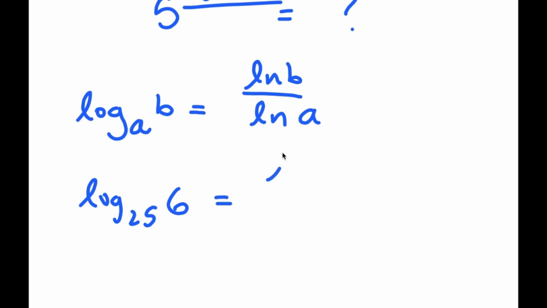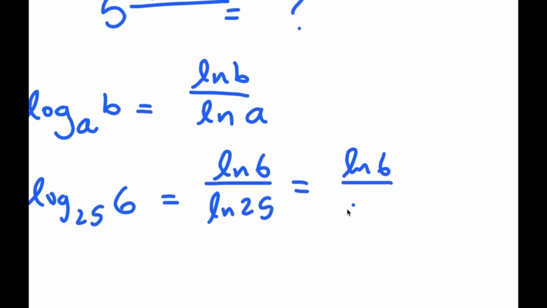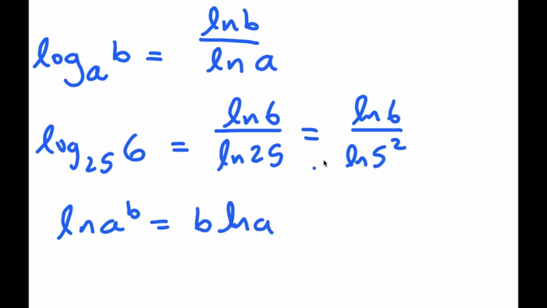And this is the same thing as ln of 6 over ln of 25, which is the same thing as ln of 6 over ln of 5 squared. Now another property of logarithms is if I have something in the form ln a to the power b, this is equal to b times ln a.